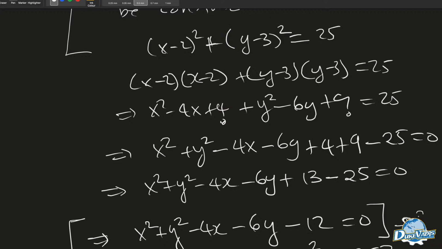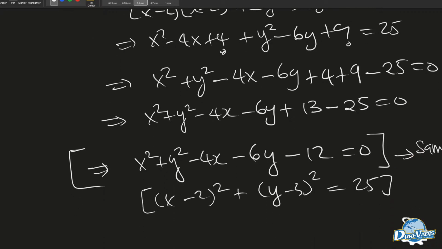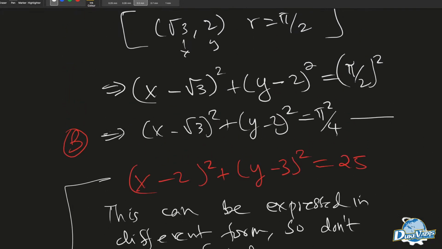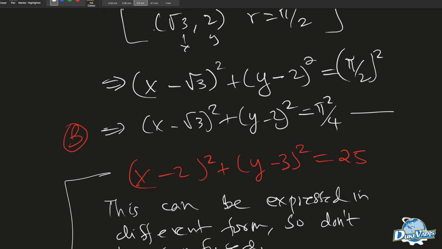You see, they're the same equation. So in the same way, we can also decide to expand the B part. And let's see how best we can do that one as well. Let's take our time to understand this properly.